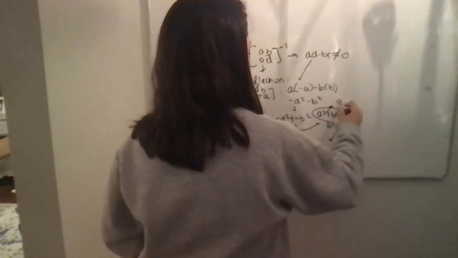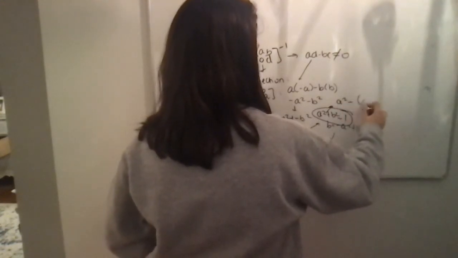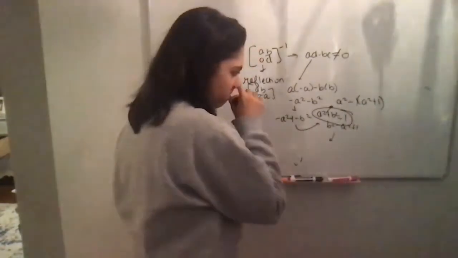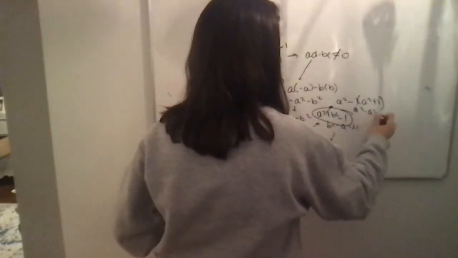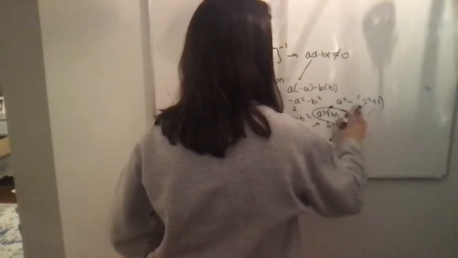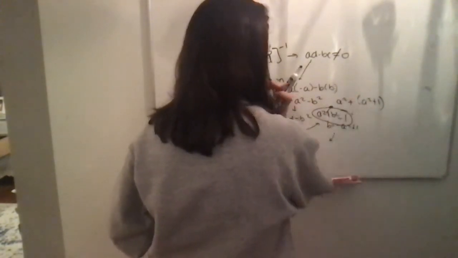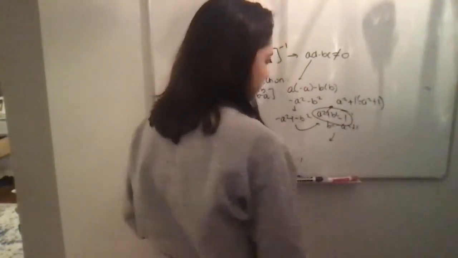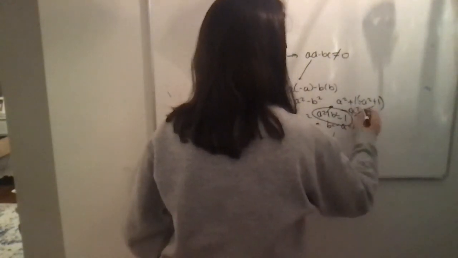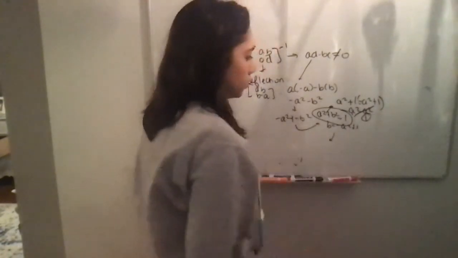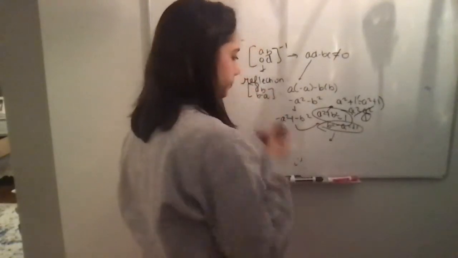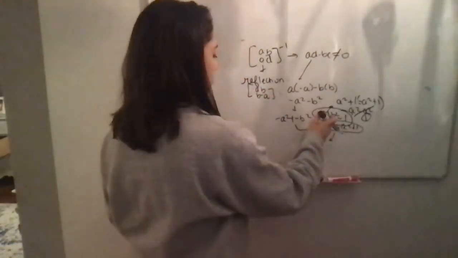But for that to be true, we have A squared plus negative A squared plus 1, because then you've got A squared minus A squared and then 1, right? So you know that B squared has to equal negative A squared plus 1 in the context of this problem because of this rule right here.